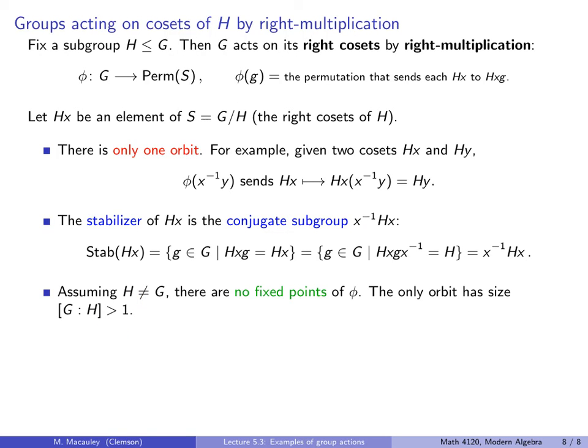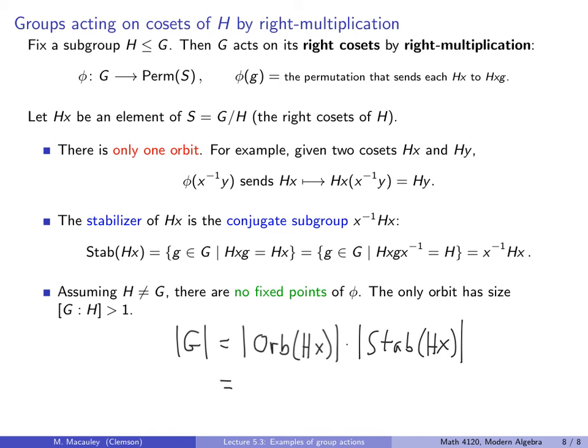So the orbit stabilizer theorem, let's just verify that that indeed holds here, is the order of G is the size of an arbitrary orbit, an orbit containing the element hx. Well, there's only one orbit, so it doesn't matter what representative I use for it, times the size of the stabilizer of hx.